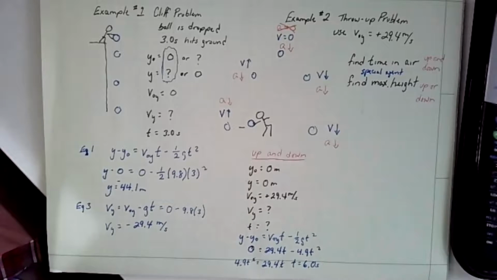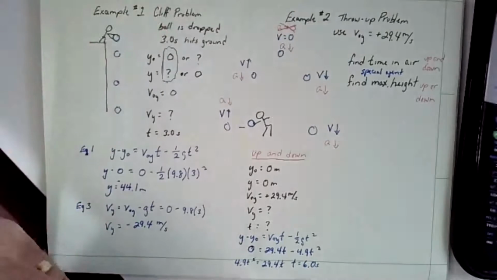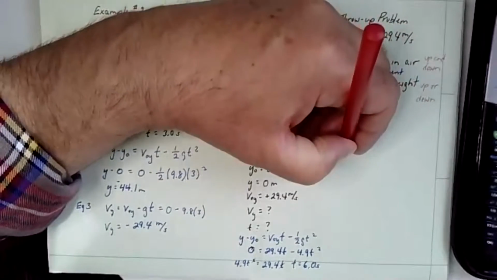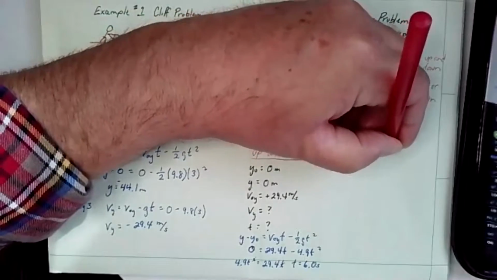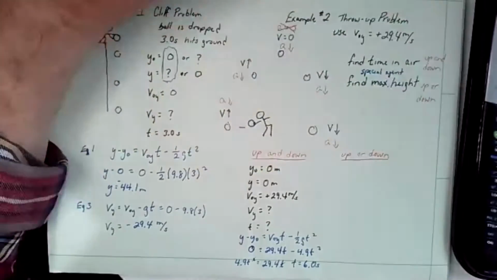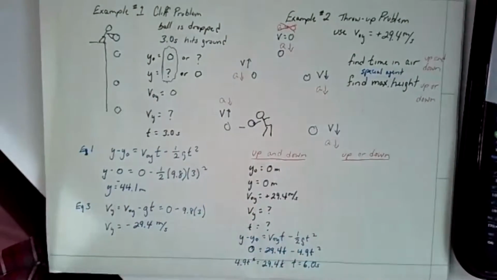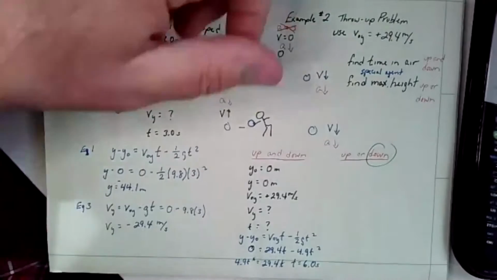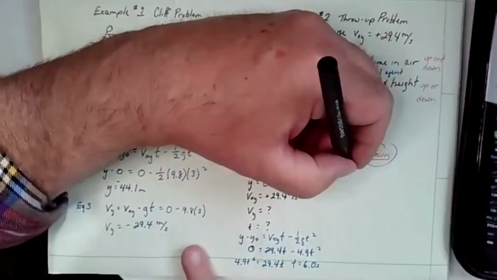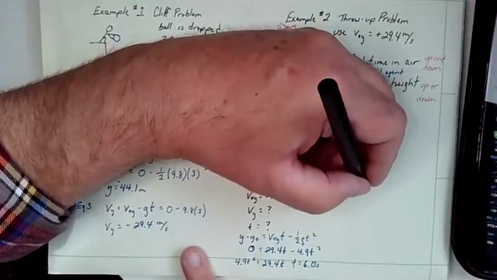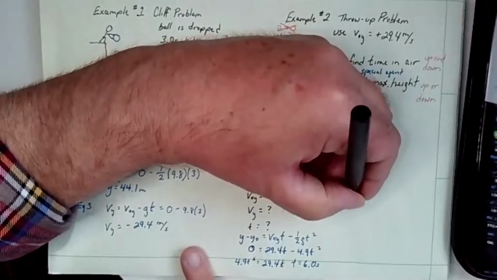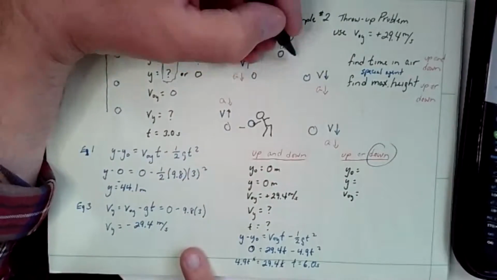So now to find max height, special agent max height, we need to consider either up or down. And I choose down because I think it's going to be a little easier. Initial height, final height, initial velocity in y direction. Remember, we're going to go from here downward.